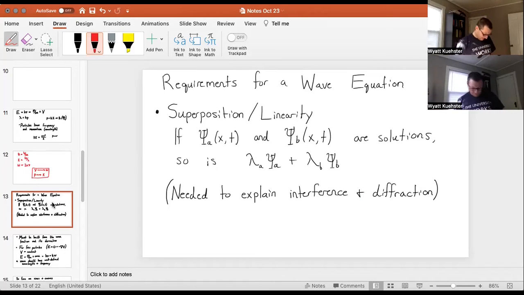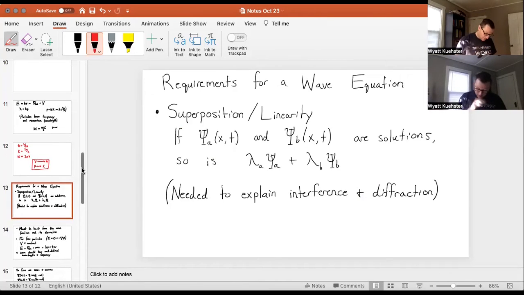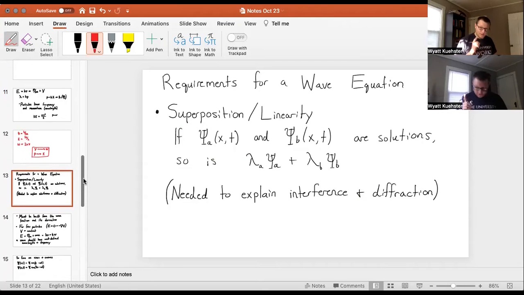So I'm going to tell you the requirements for a wave equation. The first requirement for a wave equation is that it has to explain superposition. That means like these experiments where we see that particles exhibit interference and diffraction behaviors, we need wave superposition to explain this. Like if I add two waves, I get another wave, that's another solution to whatever wave equation we have.